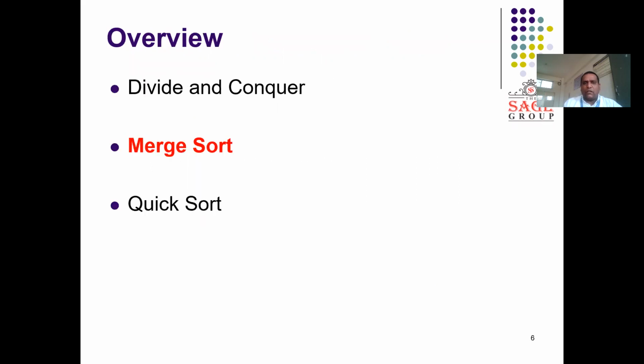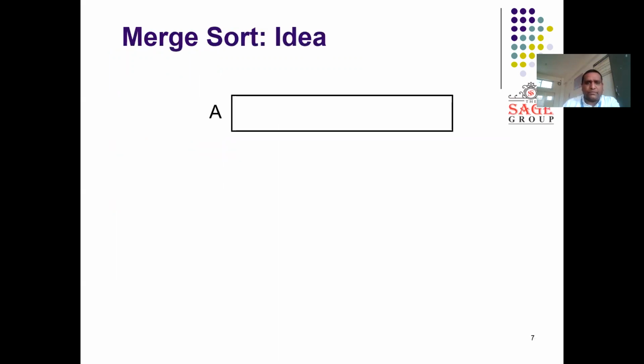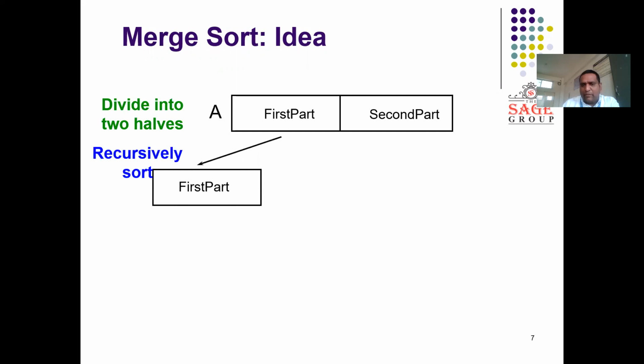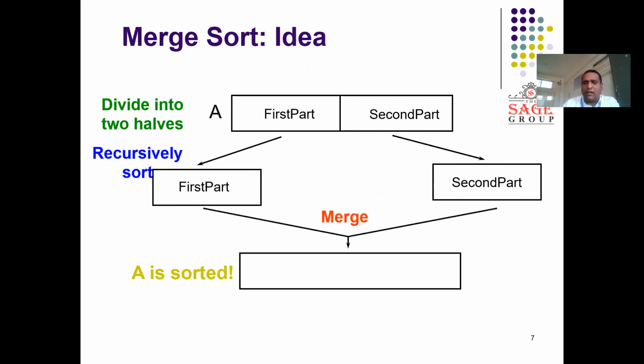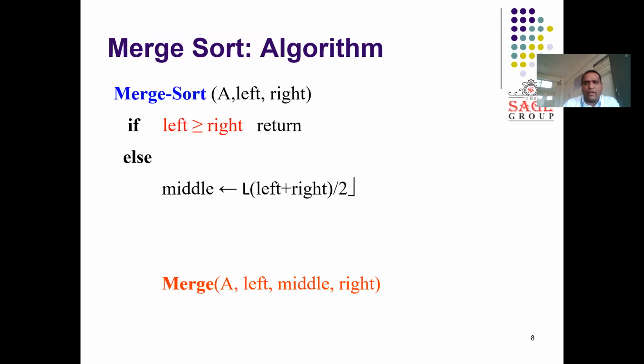When we use this in merge sort, what is the idea of merge sort? If we have more than one element, we first divide into a first list and a second list, recursively sort the first part and the second part, and merge those lists into a single list. What is the algorithm of merge sort?